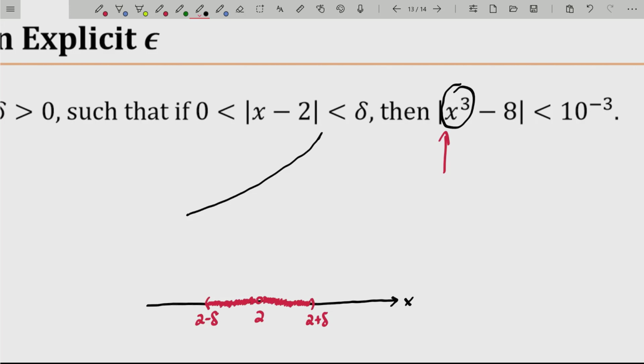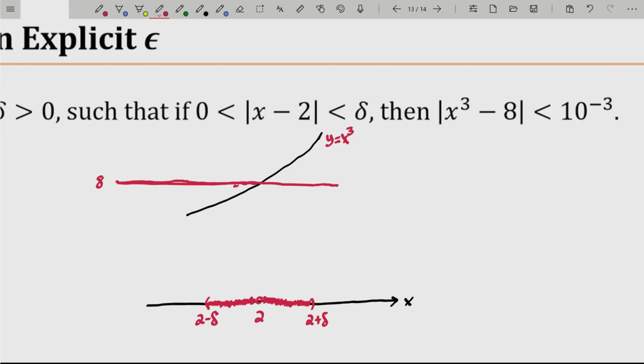We totally know that. But what we want to do is make an epsilon neighborhood about this height of 8, and let me use red here as well. So I'll make this little height of 8 right here. Let's just pretend that's a height of 8. And they tell us that the distance between this function y equals x cubed and the height of 8, which is this line right here, should be less than 10 to the negative third.